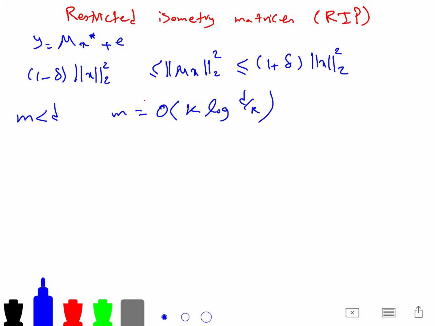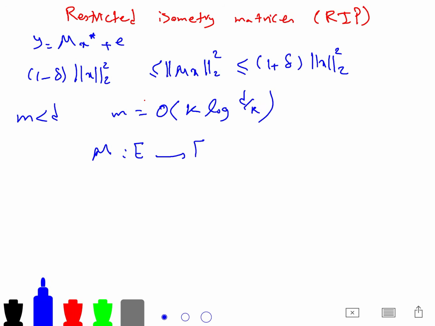Designing deterministic matrices M that have RIP in polynomial time is still an open question. That's why most people use probabilistic approaches. Modern popular choices include matrices where entries are IID Gaussian or Bernoulli variables.